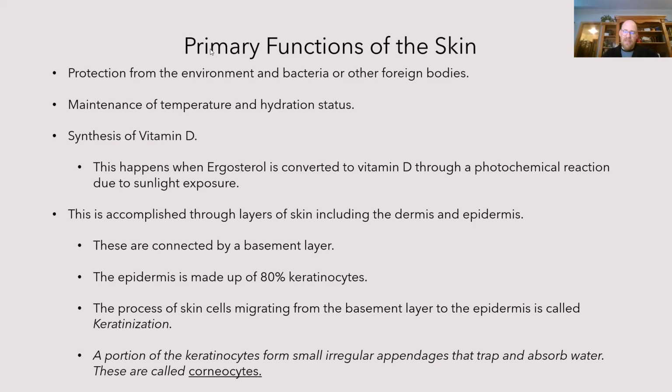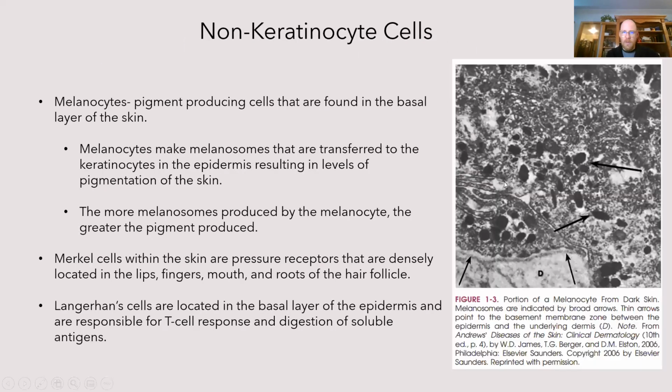They absorb and trap water, and that helps us maintain moisture in the skin. All right, there are non-keratinocyte cells, as I cough when I try to say that word.